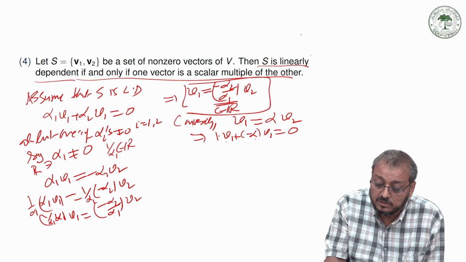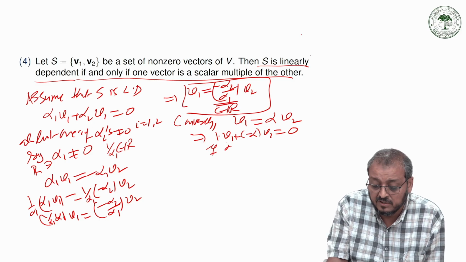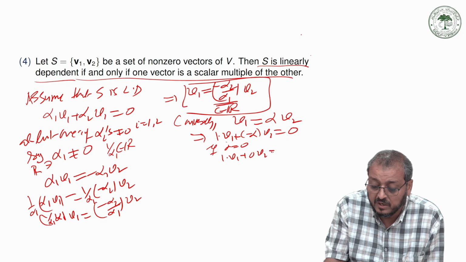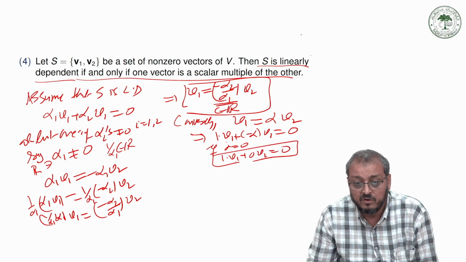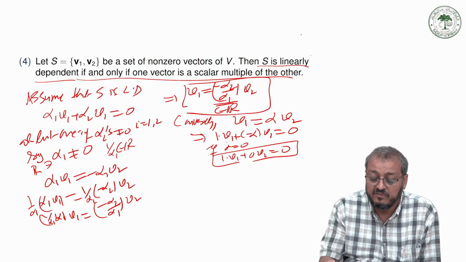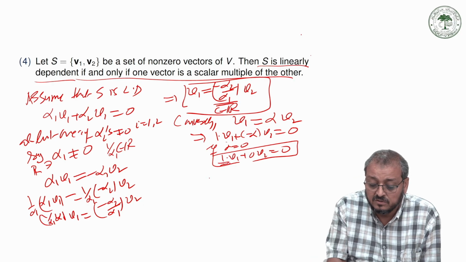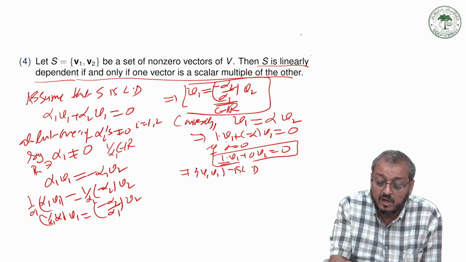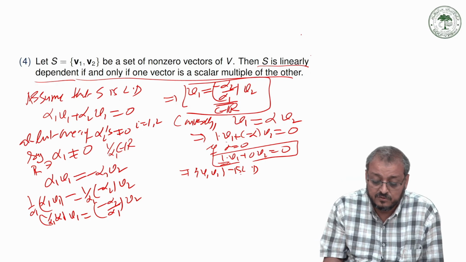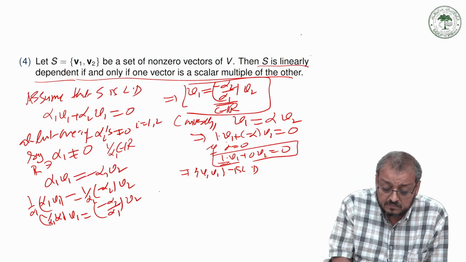Even if we take alpha equal to 0, then 1 into V1 plus 0 into V2 is again 0. So, we have a non-trivial linear combination, which implies that the set V1 and V2 is linearly dependent.